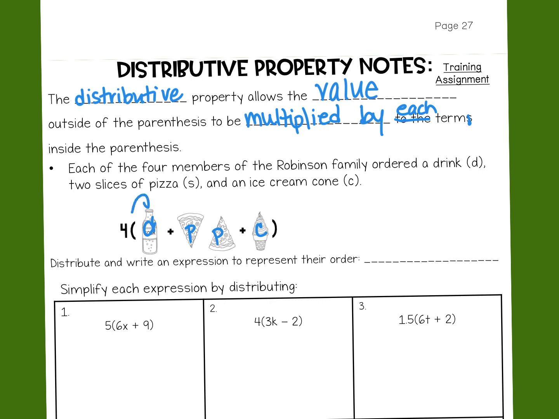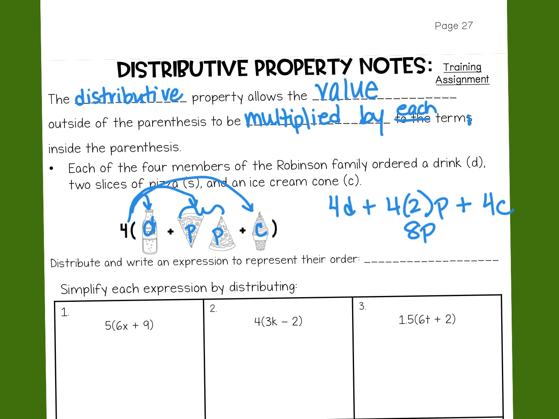So there were 4 drinks, 2 pieces of pizza 4 times, and 4 cones. So we have 4 drinks and 4 times 2 pizzas, right? So we have 8 pizzas and we have 4 cones, okay?